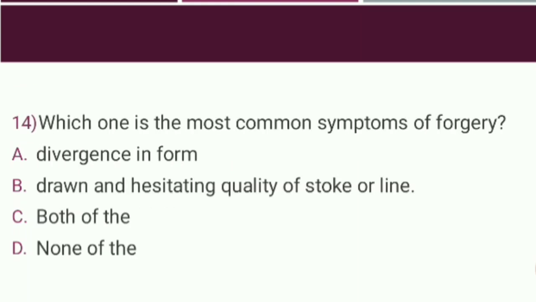Number 14. Which one is the most common symptom of forgery? A. Divergence in form. B. Drawn and hesitating quality of stroke or line. C. Both of them. Or letter D. None of them.